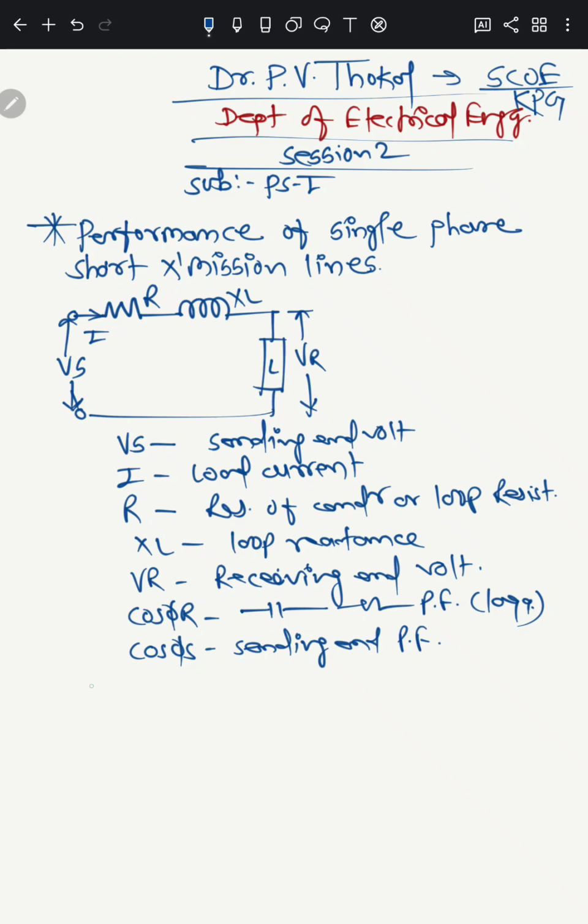Now while drawing the phasor diagram, remember the basic concepts for a pure resistive circuit. If you go to the prerequisite concepts from the first year, consider a pure resistive circuit connected to the source.